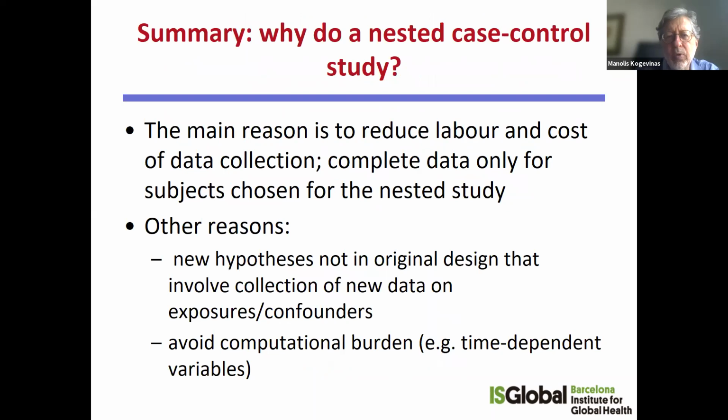So why would we do this? The main reason is efficiency, just to reduce labor and cost of data collection. So you do all these fancy analyses only for the subjects chosen for the nested study. And because it's a cohort study, you have samples that were collected a long time ago, which is good. So you don't have the situation that we have in normal case control studies where you have the disease, you get a sample at that time, and you don't know whether what you find, if you do a biomarker, was before or after the disease.